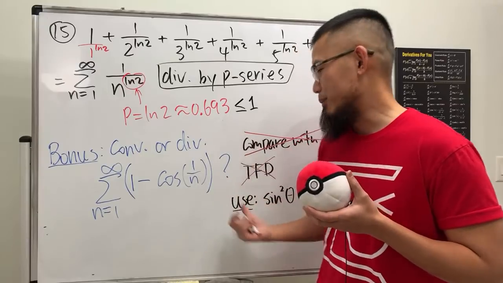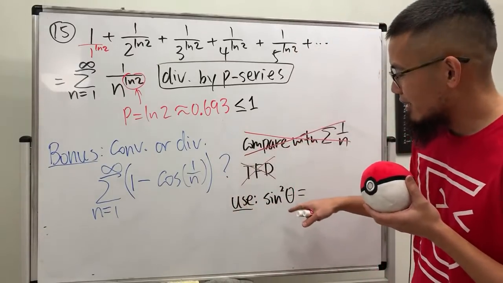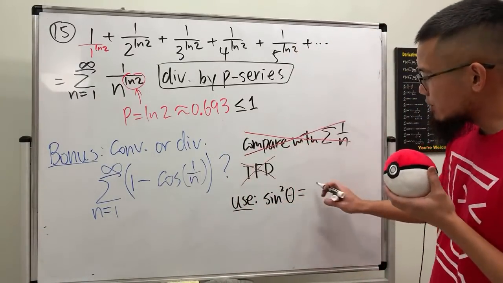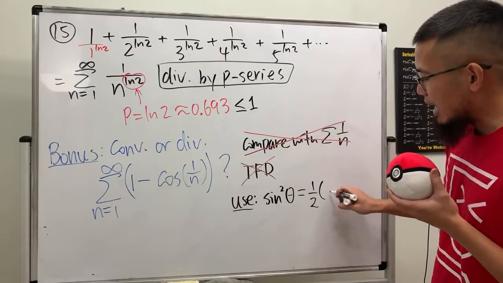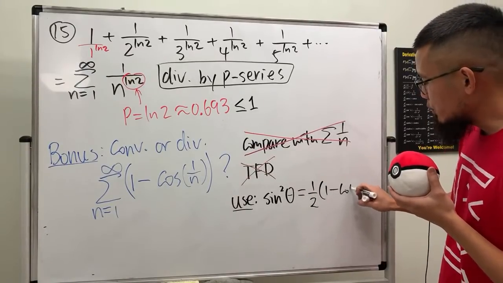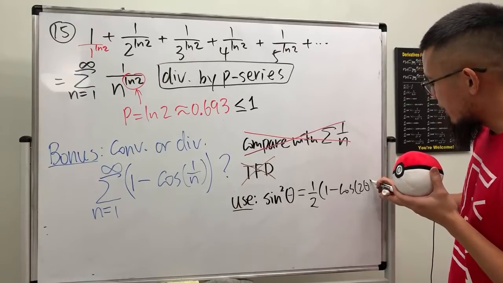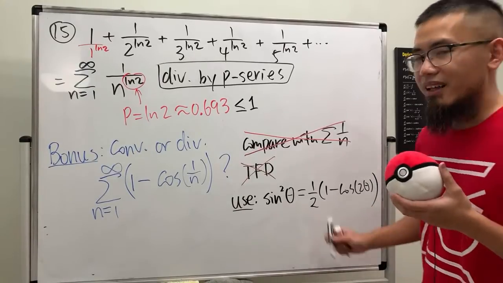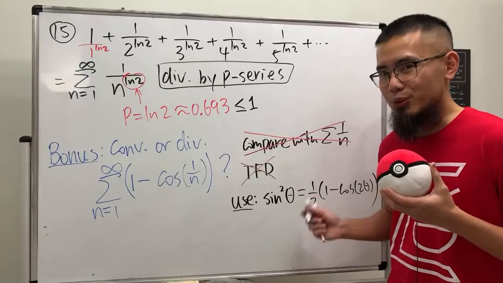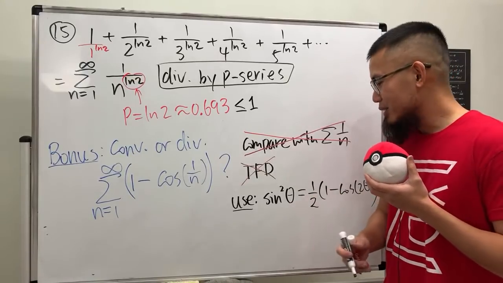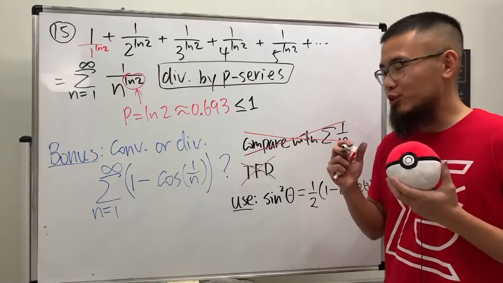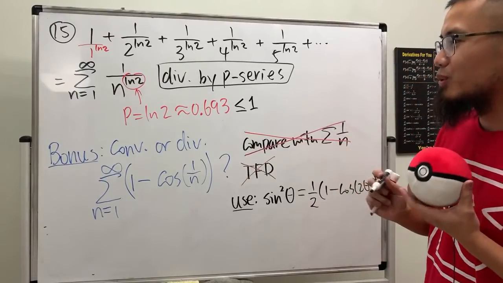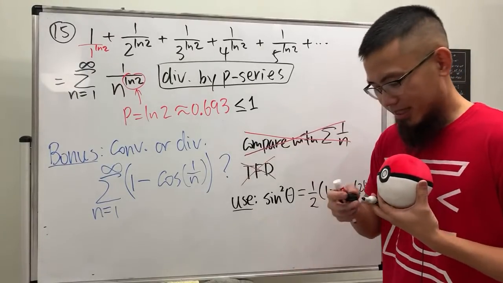If you look at sine squared theta, this is 1/2 times 1 minus cosine of 2 theta. This can do you some good, and after that, you should be able to see which series you can use to compare.